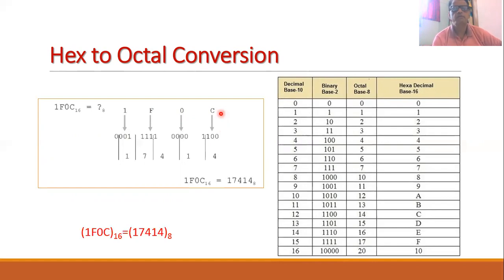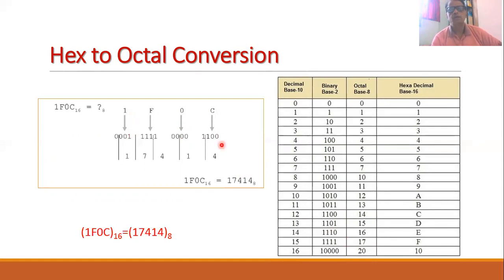So for C we will write 1100. Again we will refer to this table. C can be replaced by 1100. For 0 we will write 0000. F can be replaced by 1111. So for F we have the binary number 1111, and for 1 we will write 0001.